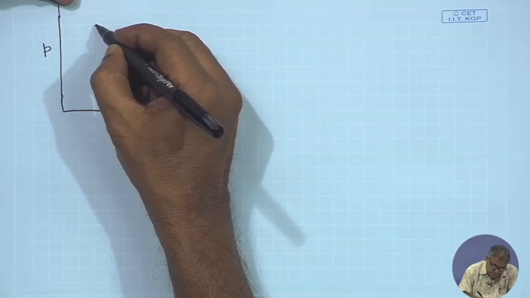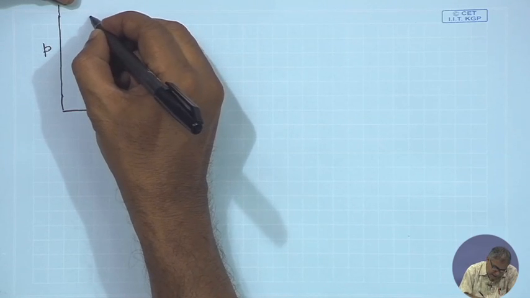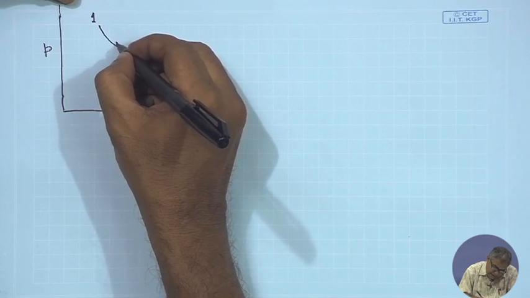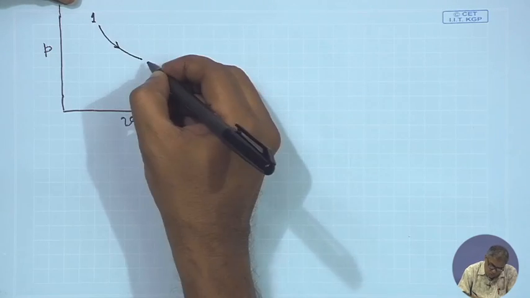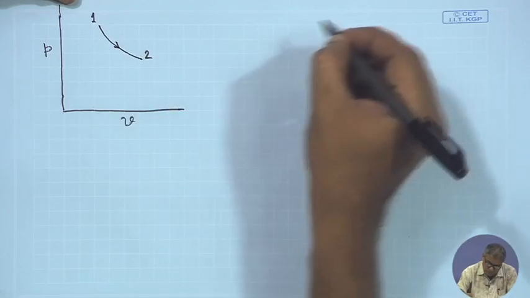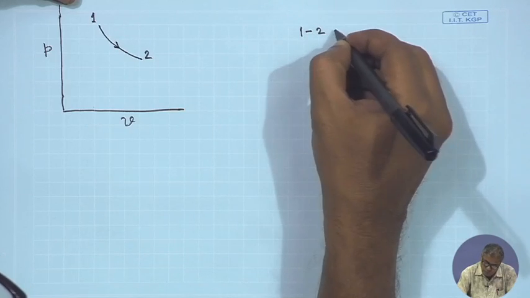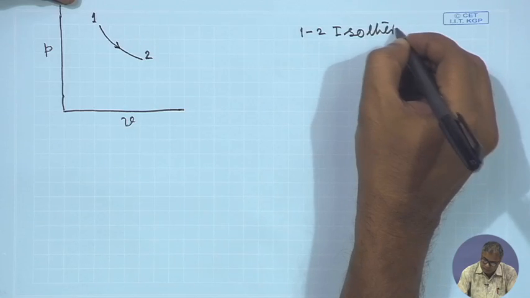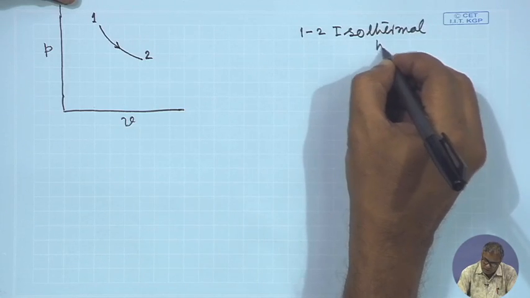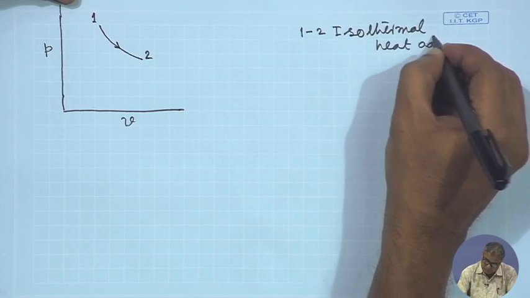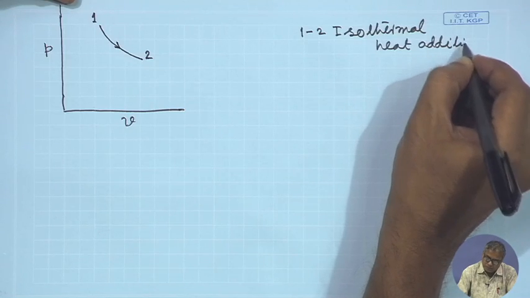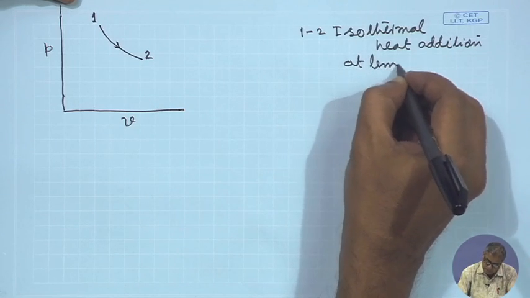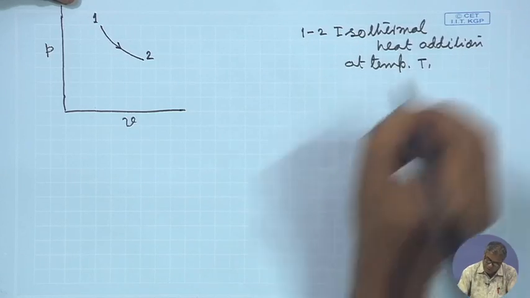So, the first process we have is an isothermal heating, 1 to 2, isothermal heat addition at temperature T1.